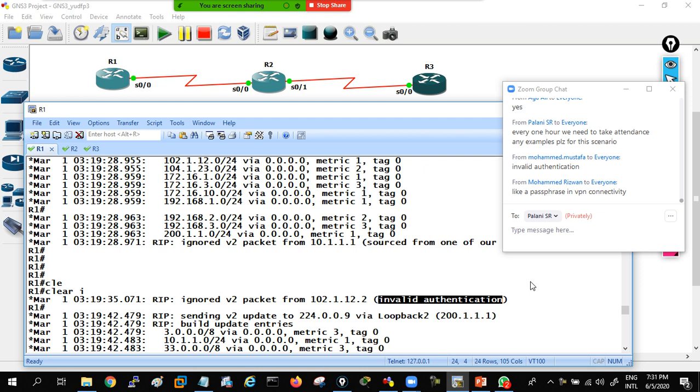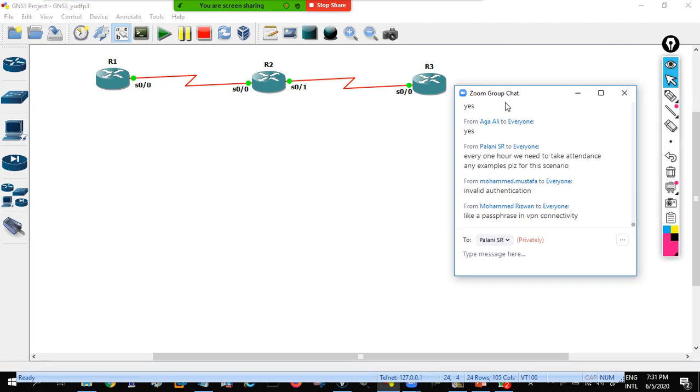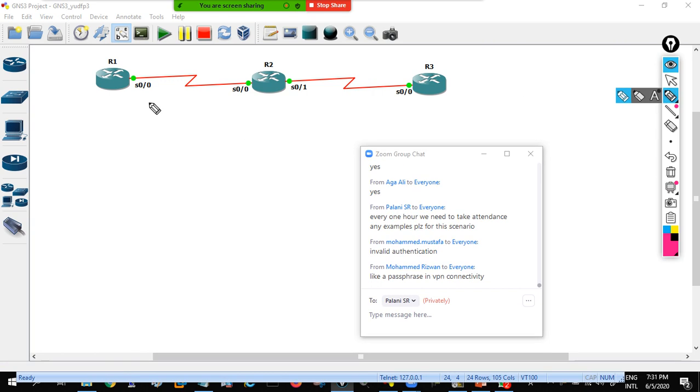Let me explain why they made it like this, because I'm trying not to go too technical. Now you'll understand. Let's say one more router is connected, router 4. On this side we configured serial 0/1 with this serial 0/0.